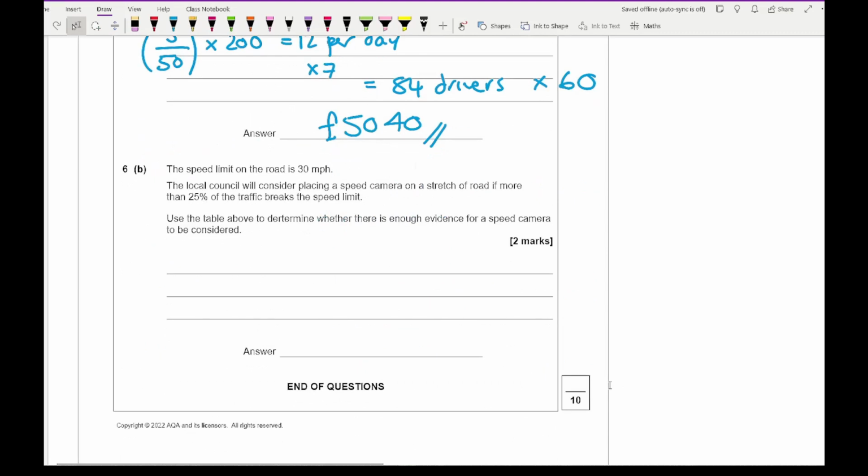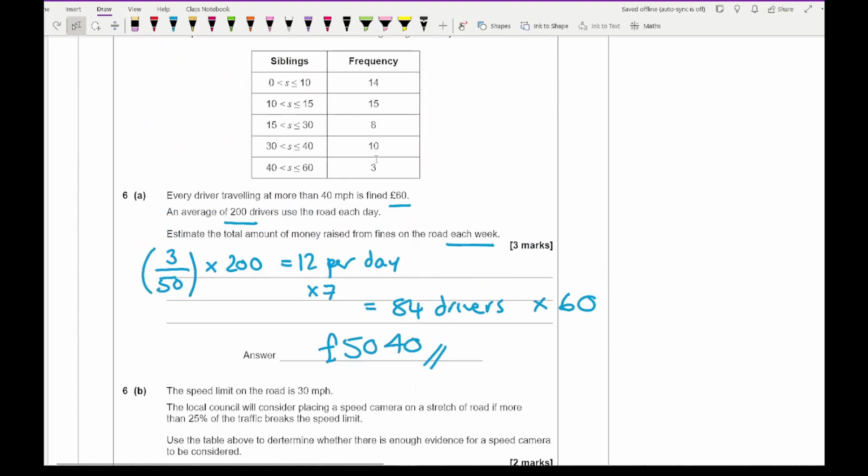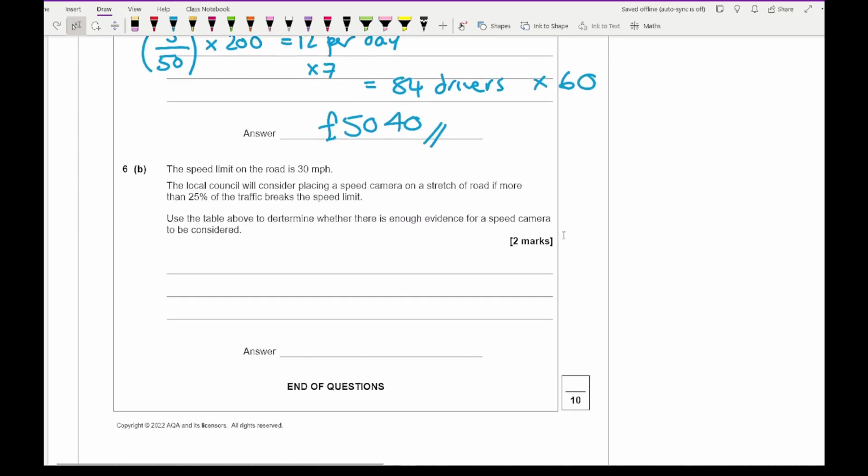The next question then says the speed limit on the road is 30 miles per hour. The local council will consider placing a speed camera on a stretch of road if more than 25% of the traffic breaks the speed limit. Use the table above to determine whether there is enough evidence for the speed camera to be considered. So here we're looking at how many travelled more than 30 miles per hour. Well, that's going to be 13, so it's going to be 13 over 50.